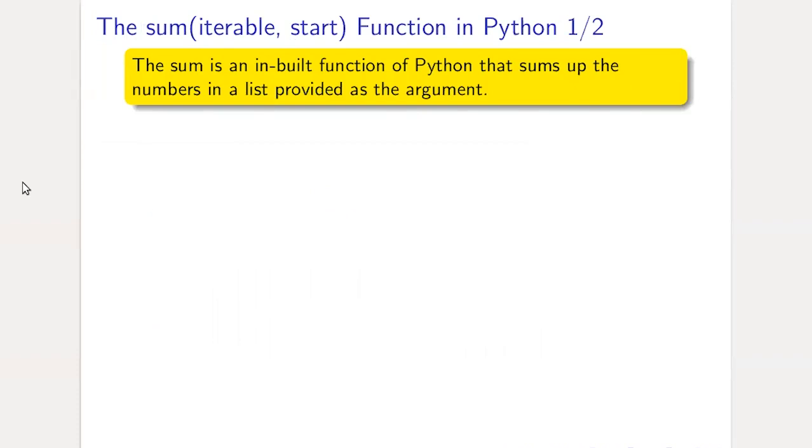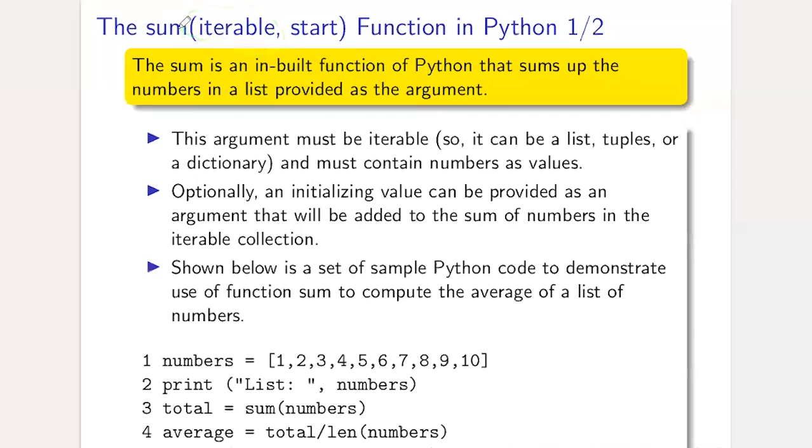And we have a couple of other functions. If you have a list of numbers, you can take its sum by simply calling the sum method, passing on that iterable list and telling where to start. Okay.